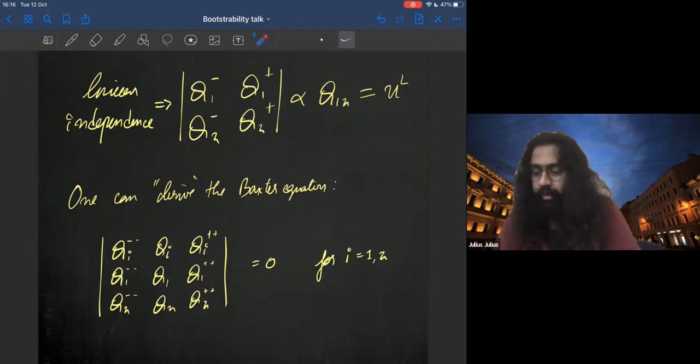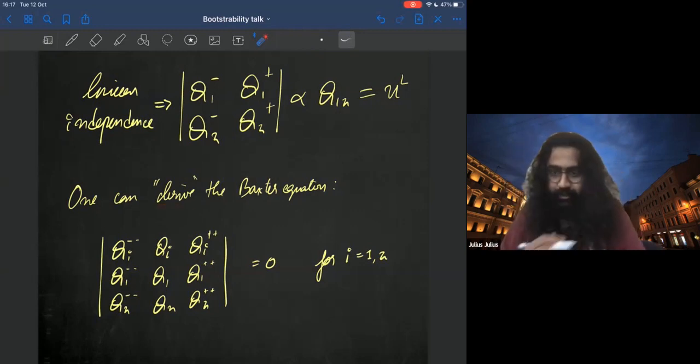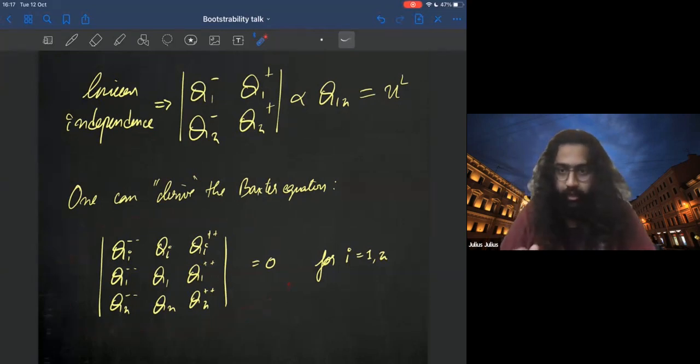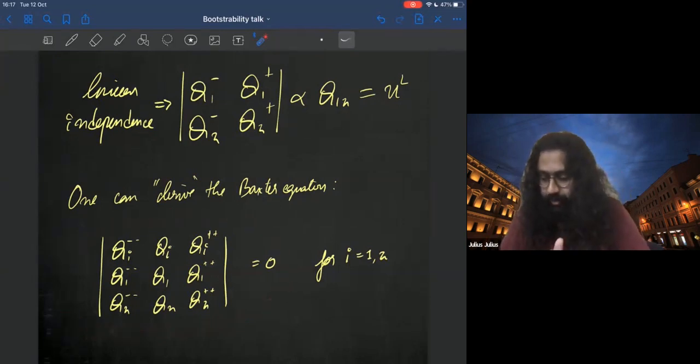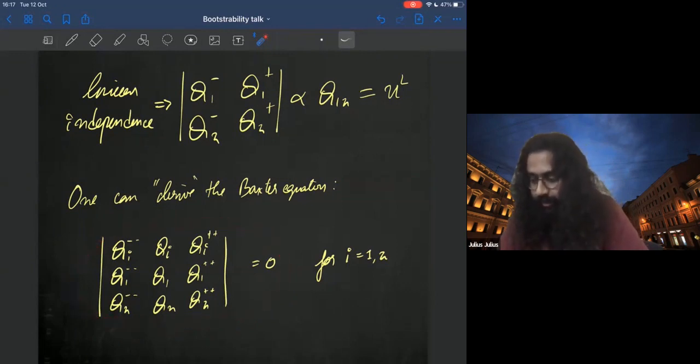But the point is that there exists such a Wronskian relation. So that's one thing to note. And the second thing to note is that one can derive the Baxter equation just by considering some trivial determinant of Q1 and Q2. And then one can use this to also fix the form of Q12, for example.